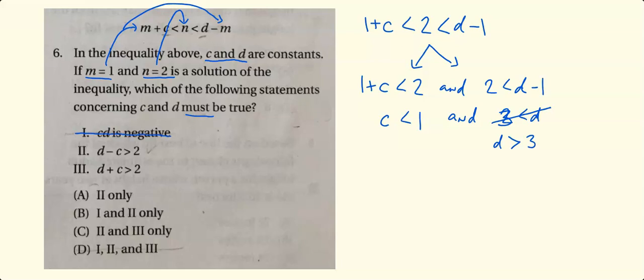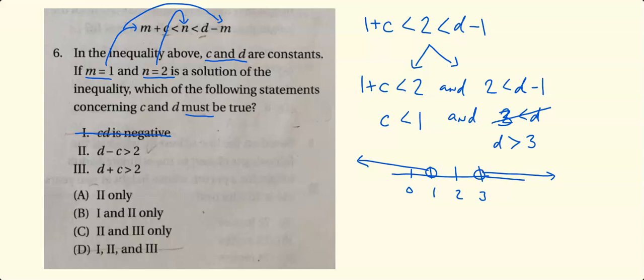Let's look at the Roman numeral 2, D minus C greater than 2. Okay, so D minus C means the difference between D and C. If we put these on a number line, D is going to go this way, C is going to go this way, and the difference between them, since neither one of these is circled in or blackened in, then this would be a true statement.